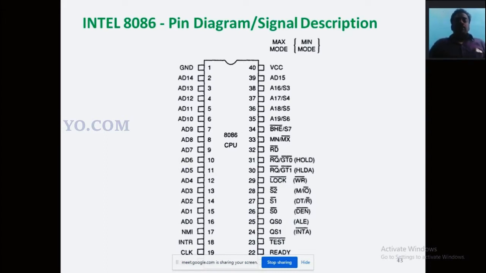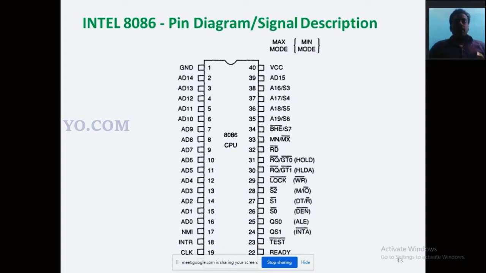See the diagram on your screen. That is the 8086 IC configuration, the physical structure of the 8086 integrated circuit. Actually, 8086 is a simple IC, and it has 40 pins in a dual in-line package.